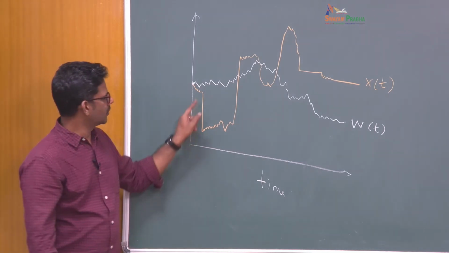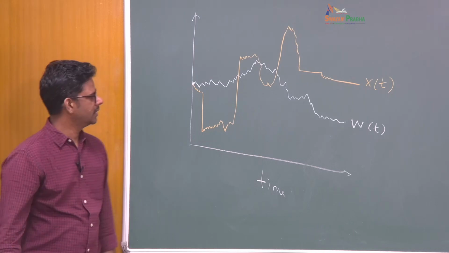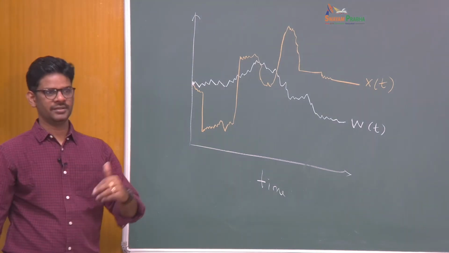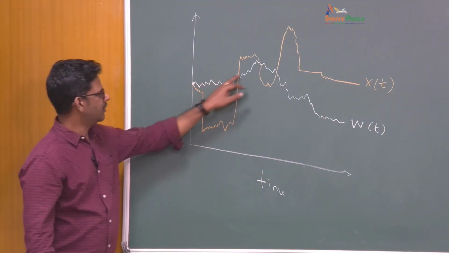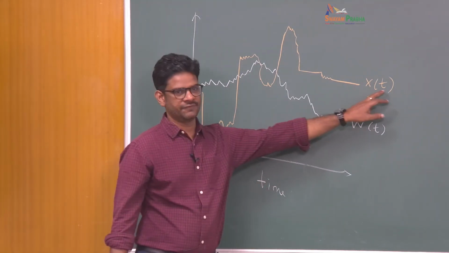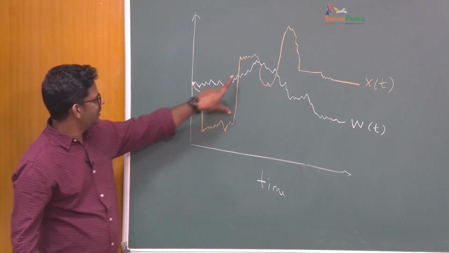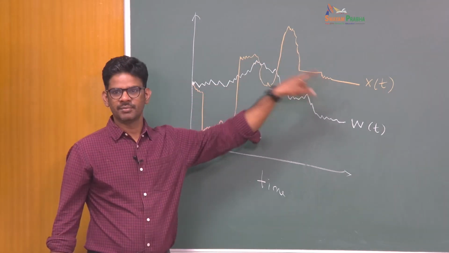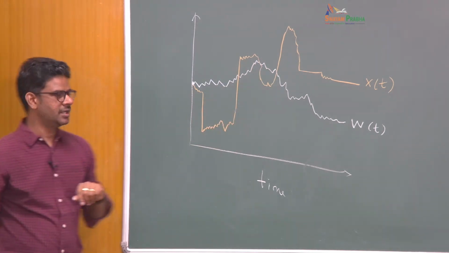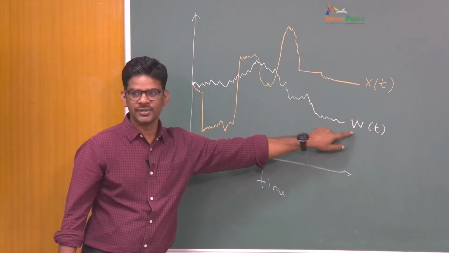On one hand we see this W of t, which is irregular, and there are some small jumps. The other process x of t also has a similar character, but from time to time there is a big jump happening between states. These jumps are much bigger compared to the local jumps that are happening in W of t.